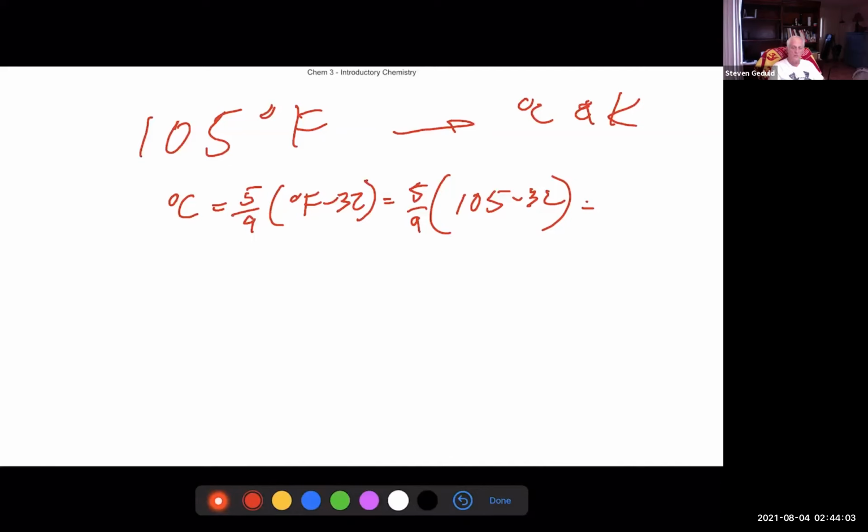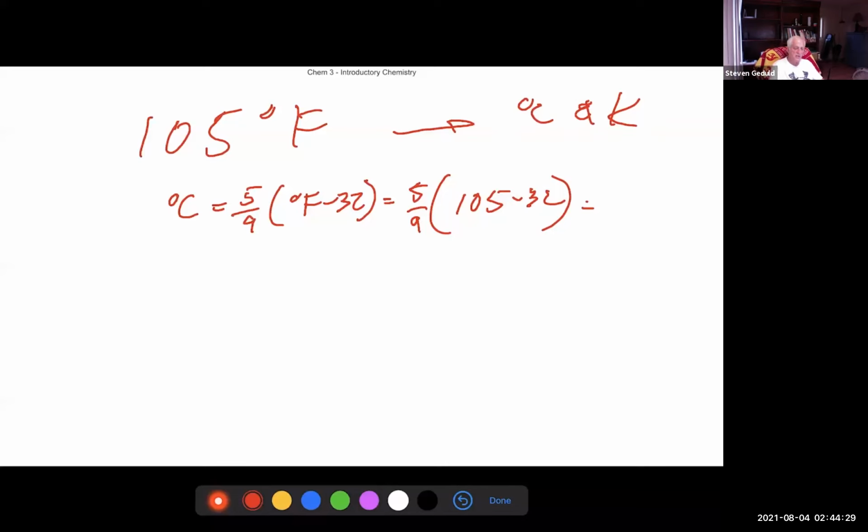It's called order of operations. If you have parentheses, you have to do that first, then do your multiplication. If you just start putting numbers in any order on a calculator, it will take the 5 divided by 9 times the 105 and subtract 32, which is not what that says. That says you take 105 minus 32, take that answer, and multiply by 5 divided by 9.